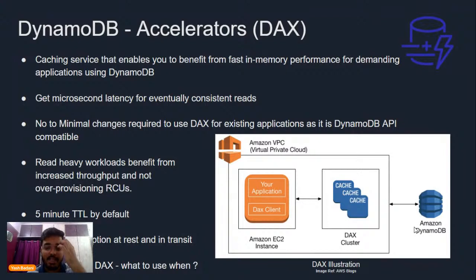Yes, you can use ElastiCache as well, but the difference is that the DAX cluster is managed by DynamoDB and not by your application. In the case of ElastiCache, it was managed by your application, where your application was writing the data. Here, DynamoDB is supposed to write the data to the DAX cluster whenever you query. So by this, you will also understand that there is a strong layer of abstraction here, and your existing DynamoDB APIs are already compatible with the DAX cluster.